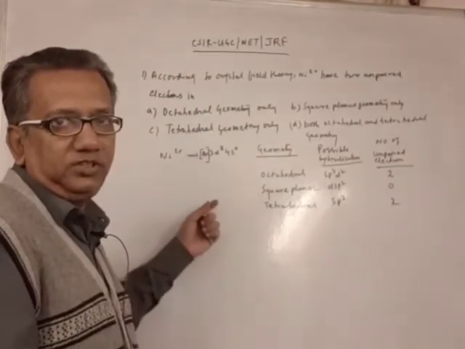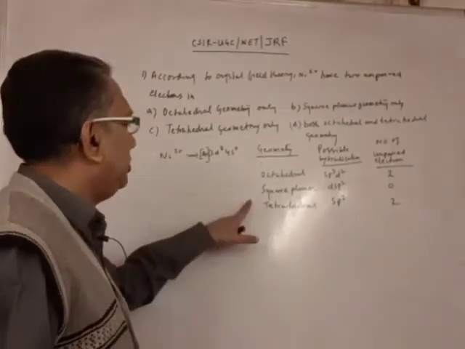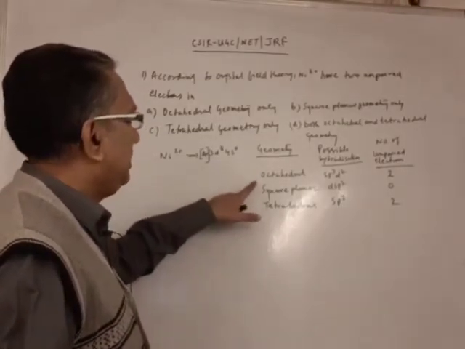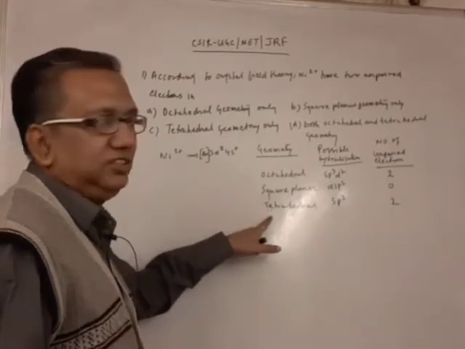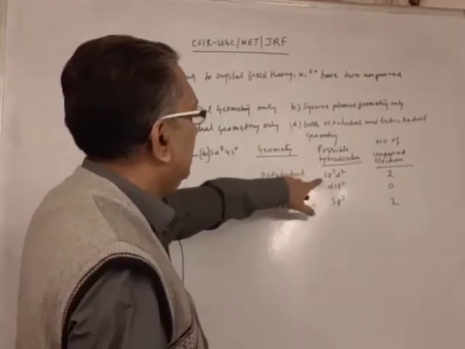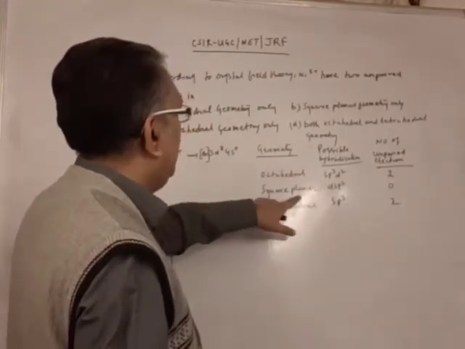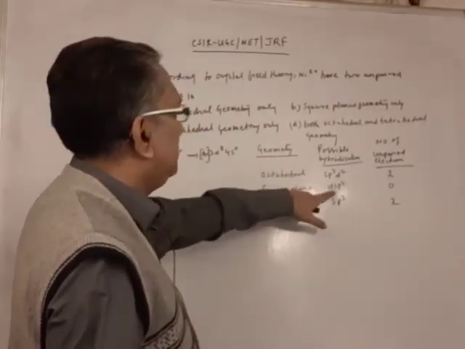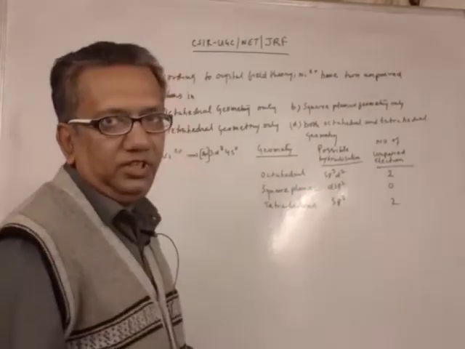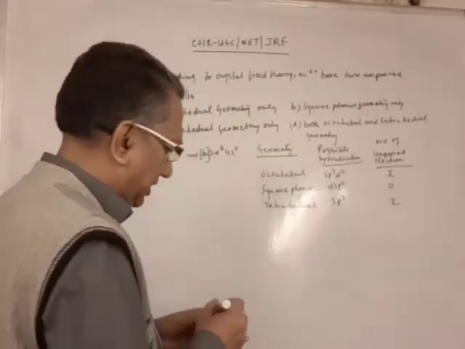So Ni2+ can give us these three types of structural complexes. One is octahedral, another is square planar, and another is tetrahedral. For octahedral, the hybridization is sp3d2. For square planar, it is dsp2, and for tetrahedral, it is sp3.